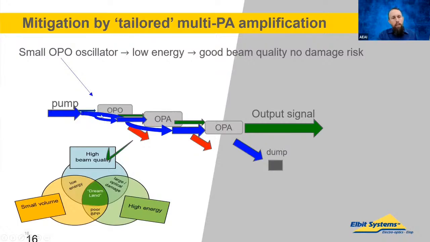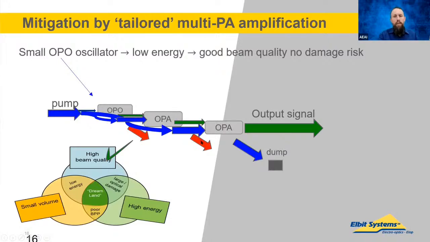With a very careful splitting and management of the pump energy, we're able to always stay away from nonlinear processes. By taking away the idler and putting only the signal and the pump, we're going to have a very good beam parameter product at the end of this first stage with higher energy.